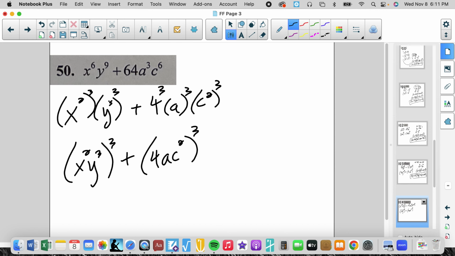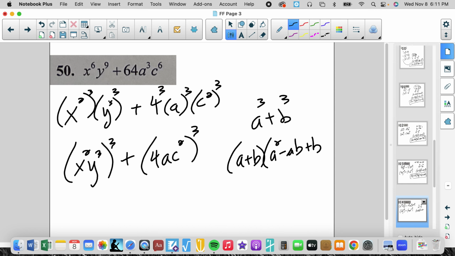That's good. And then we have a cubed plus b cubed, which produces a plus b, a squared minus ab plus b squared, where my a value is x squared y cubed, and my b value is 4ac squared.